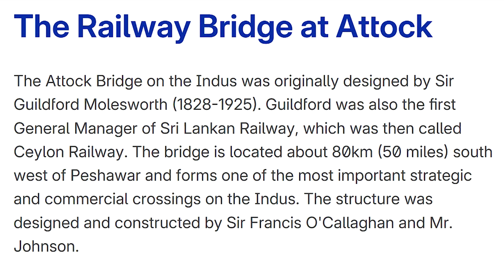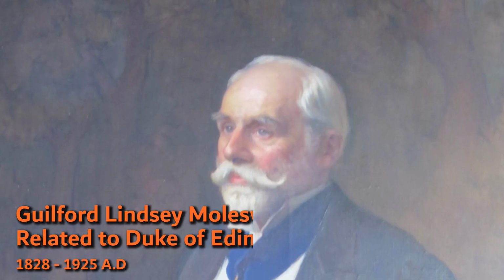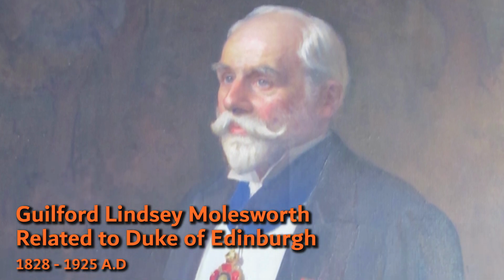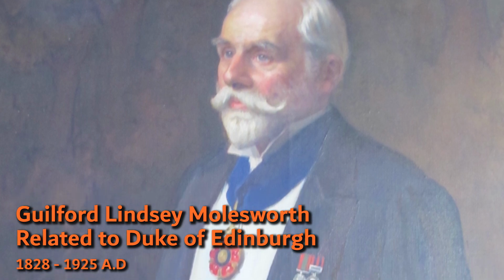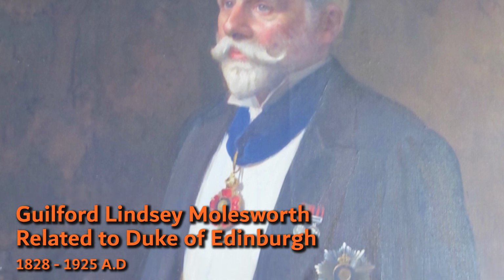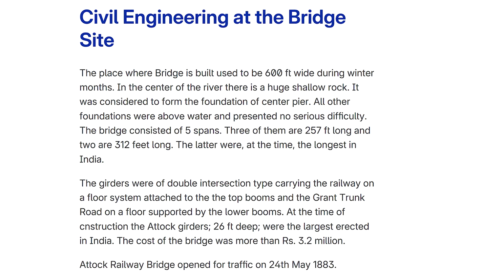So, the railway bridge was designed by Sir Guilford Lindsay Molesworth, related to the Duke of Edinburgh. This guy was the chief of the Sri Lankan Railway and also the Indian Railway. He was a marvel of civil engineering, and he designed the bridge such that there is a natural island in the middle of that 600-meter wide Indus River, which is the narrowest, because most of the places it is more than a kilometer wide.